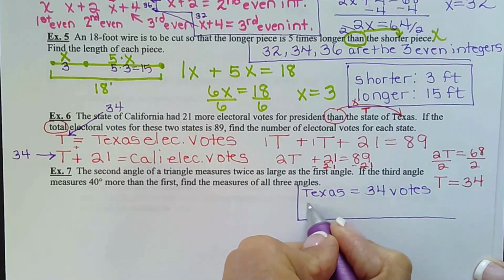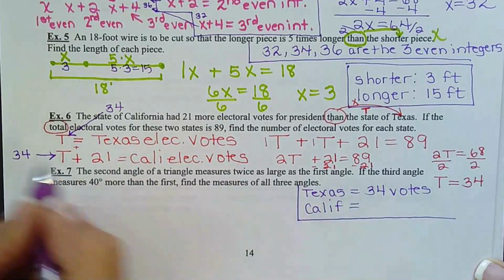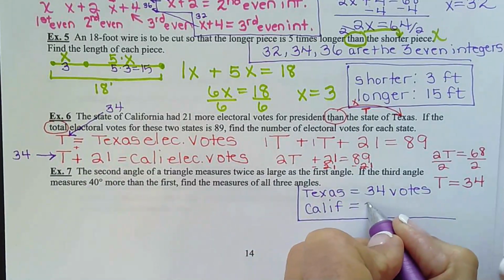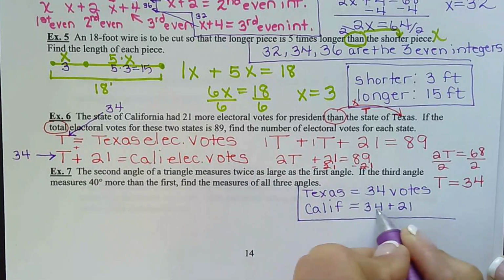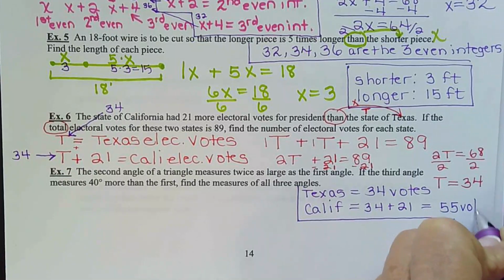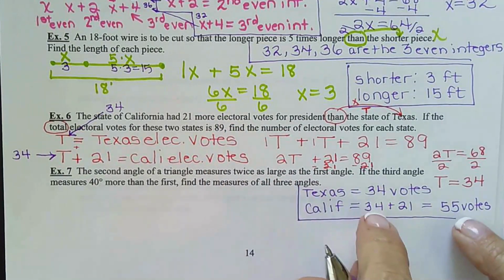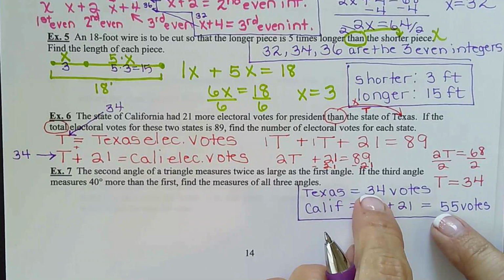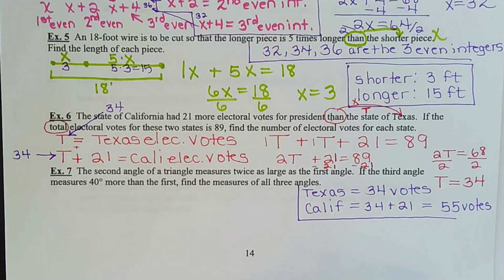And California has 34 plus 21, which is what? 55 votes. And check and see if it gives you 89. 5 plus 3 is 8. 4 plus 5 is 9. Boom. There it is.